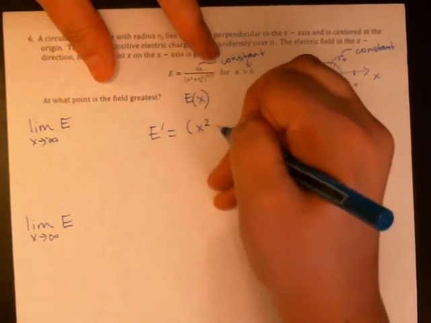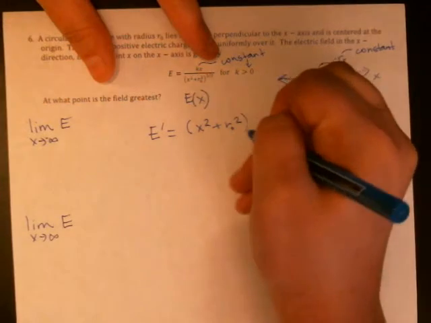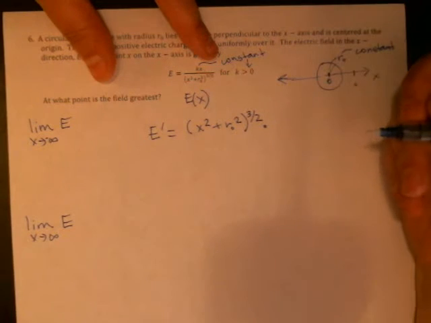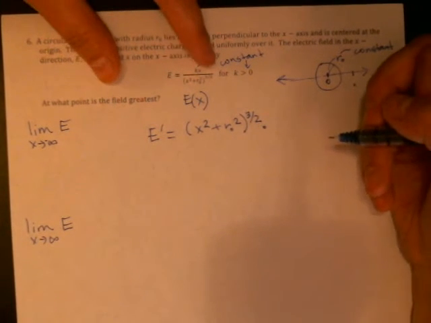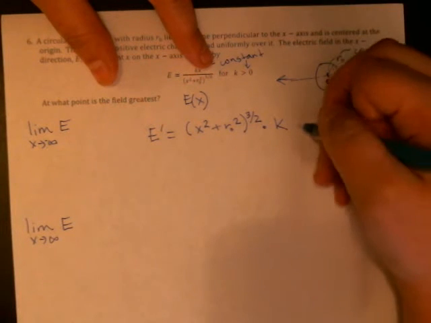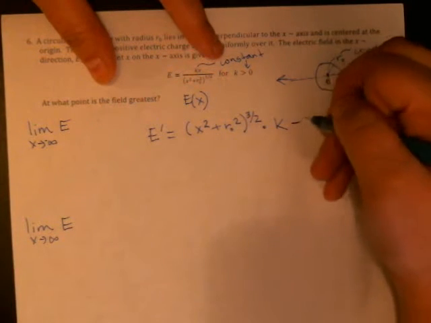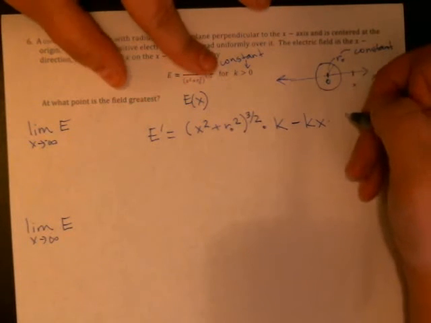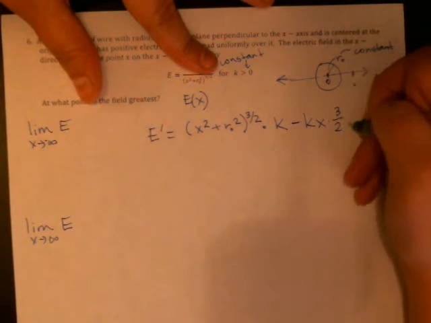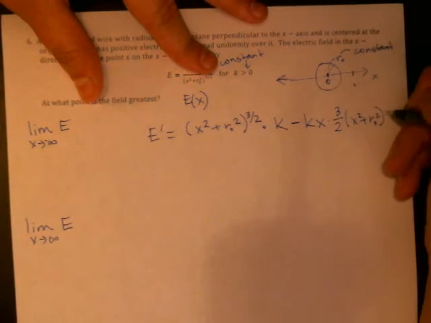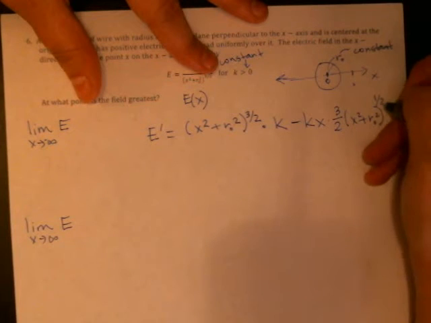So we'll get this x squared plus r naught squared raised to the 3/2, there's our bottom, times the derivative of the top. So this is constant times x. The derivative of that will just be constant times 1. And then we want minus the top, kx, times the derivative of the bottom, which is going to be a power rule, 3/2 times x squared plus r naught squared to the 1/2.